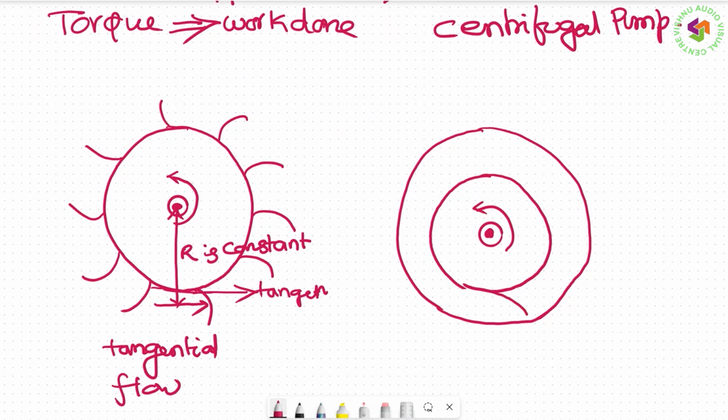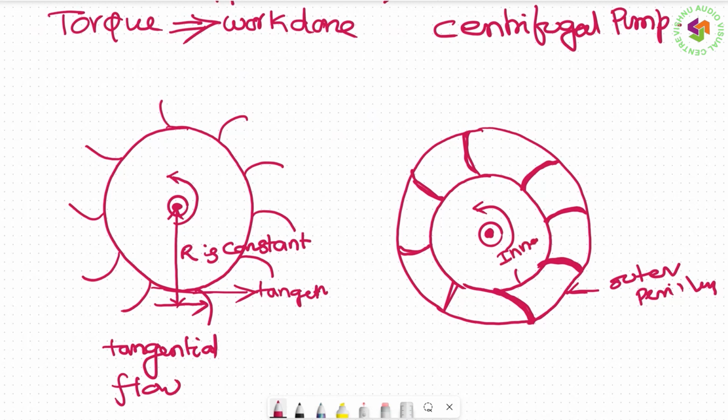The wheel, this vane is like this. The water enters at what is called the outer periphery, and this is the inner.